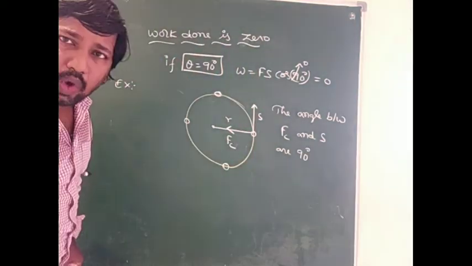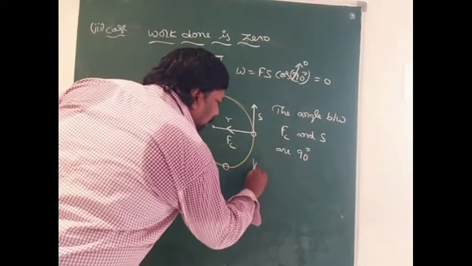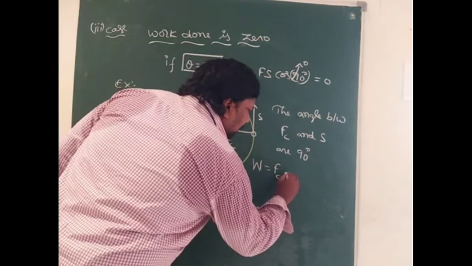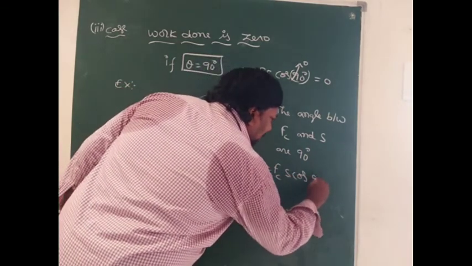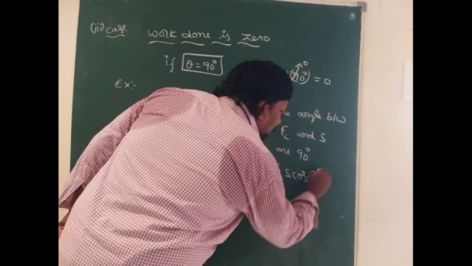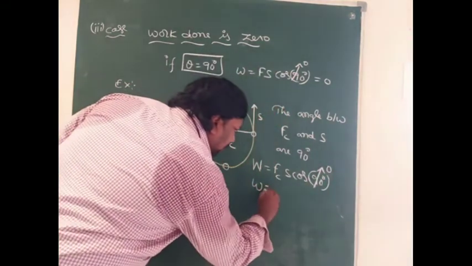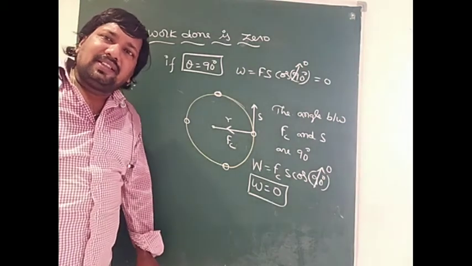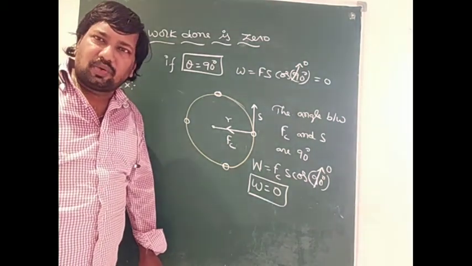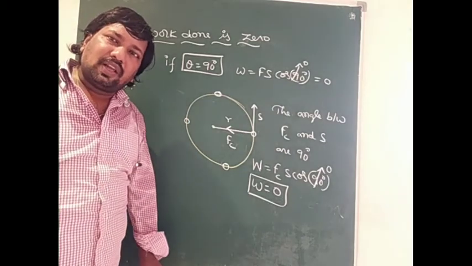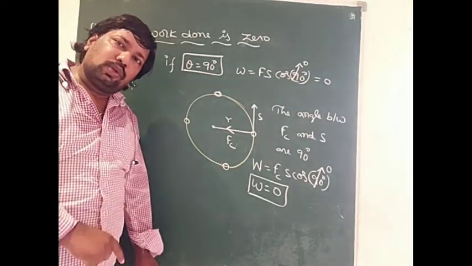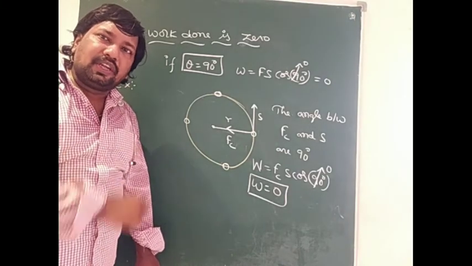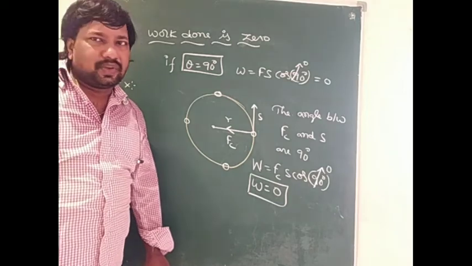Therefore the work done by the centripetal force is Fc S cos 90, and cos 90 equals 0, so the work done is 0. So work done may be positive, negative or zero; it mainly depends on the angle between the force and displacement vectors.